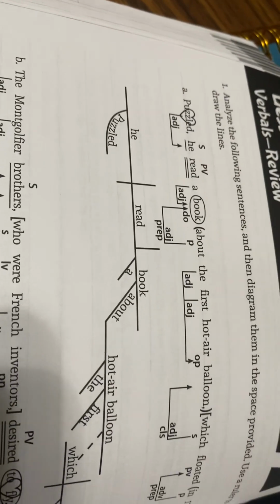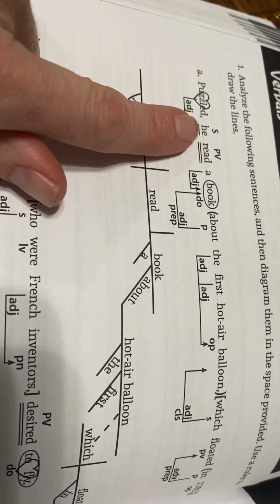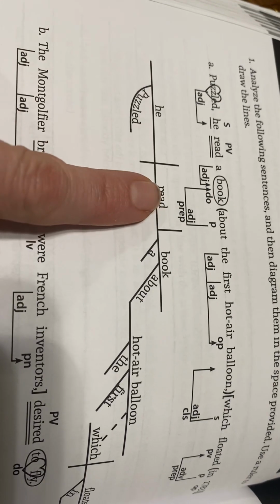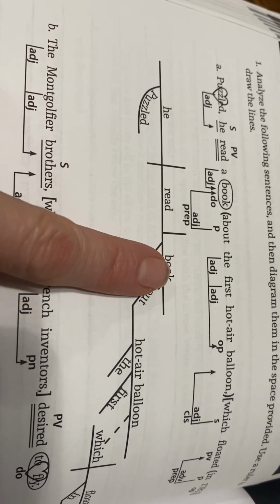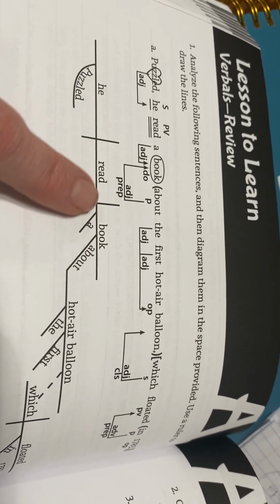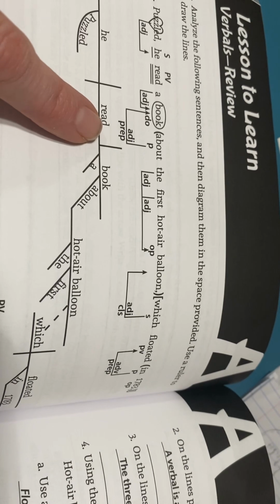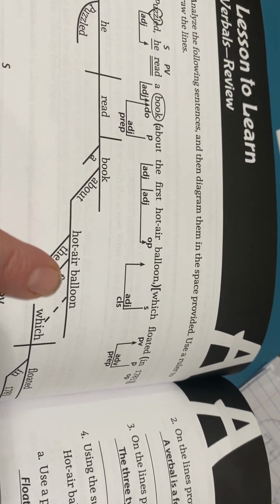Now remember, this is our principal clause. He read book. This is the SVTDO pattern. And it is linking, all right, here we go. We have our prepositional phrase first.